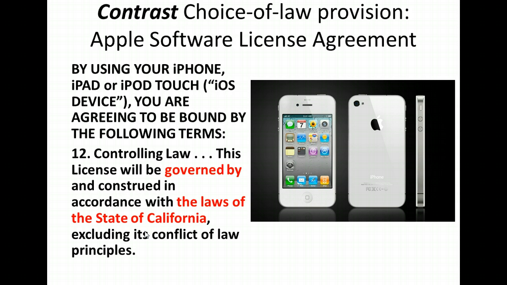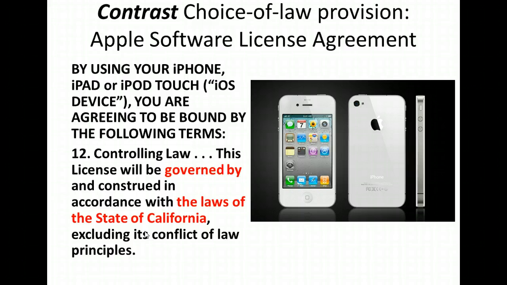And the court looked at that as a factor to be considered in whether it was foreseeable to the defendant that he could be hailed in front of a Florida court with regard to a dispute arising out of that contract. The reasoning being something like, you saw that if you were going to get in a dispute with Burger King, it was going to be controlled by Florida law, so it can't be that much of a shock to you that you might be hailed into court in Florida.